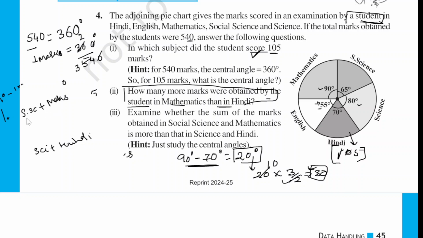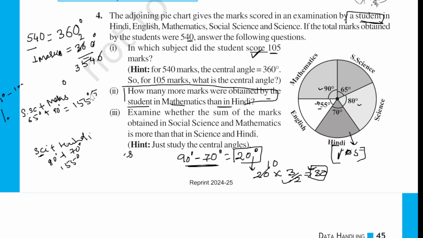The central angle for social science is 65 degrees. The central angle for mathematics is 90 degrees. Their summation is 155 degrees. The central angle for science is 80 degrees, and the central angle for Hindi is 70 degrees. So this summation is 150 degrees.